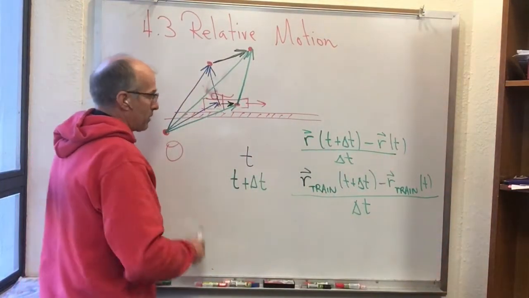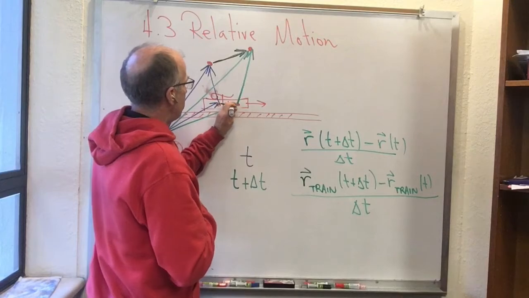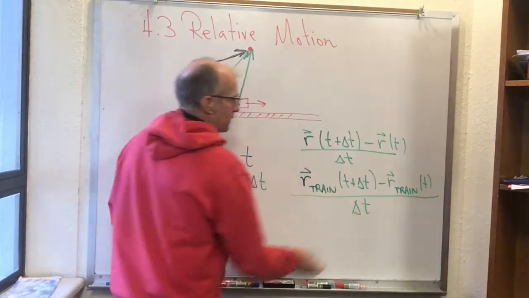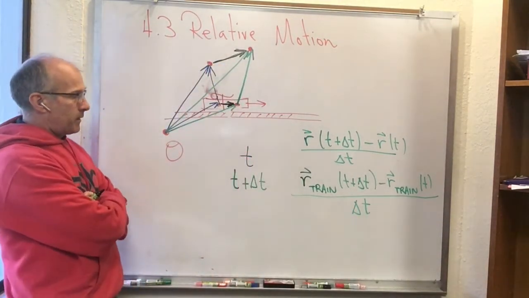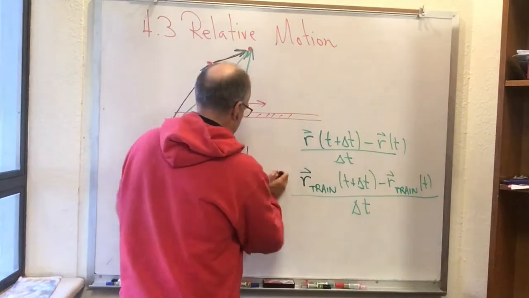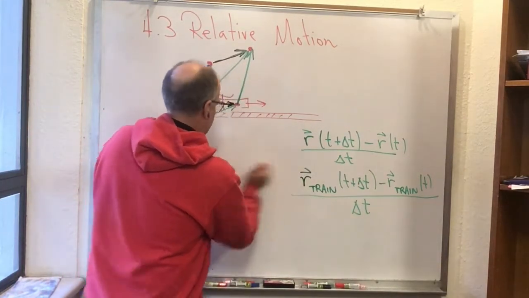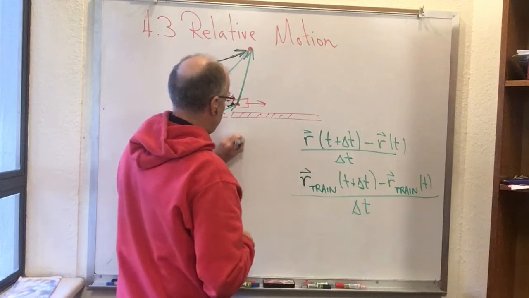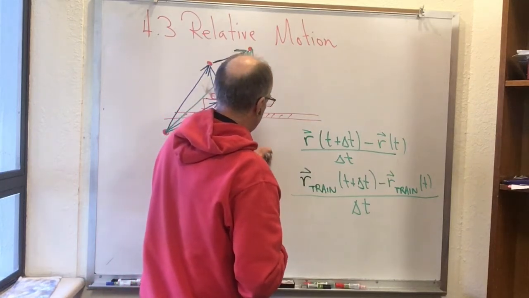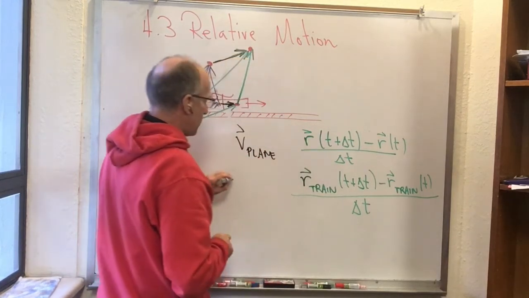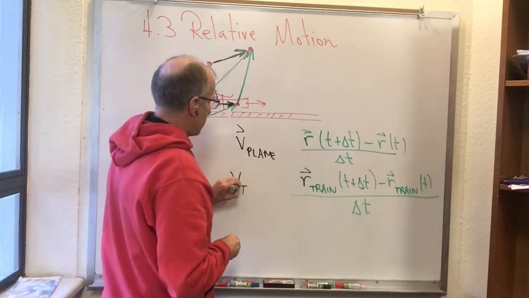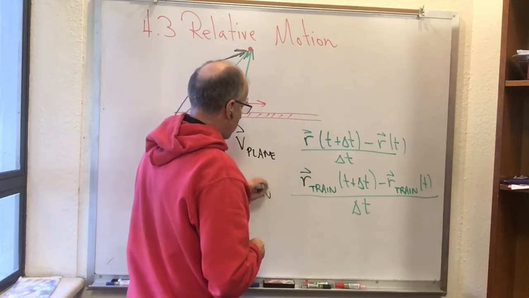That's this vector right here. That's the difference. And if I divide by delta t, I get the velocity. Okay, so according to you, this is the velocity of the plane. And according to you, this is the velocity of the train.